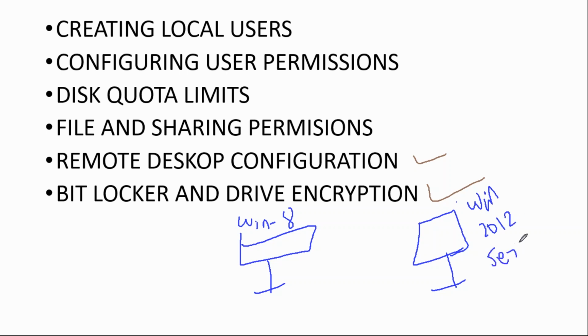The IP address of this system is already configured, say 192.168.100.40, and this one is 100.10 or 20, whatever.